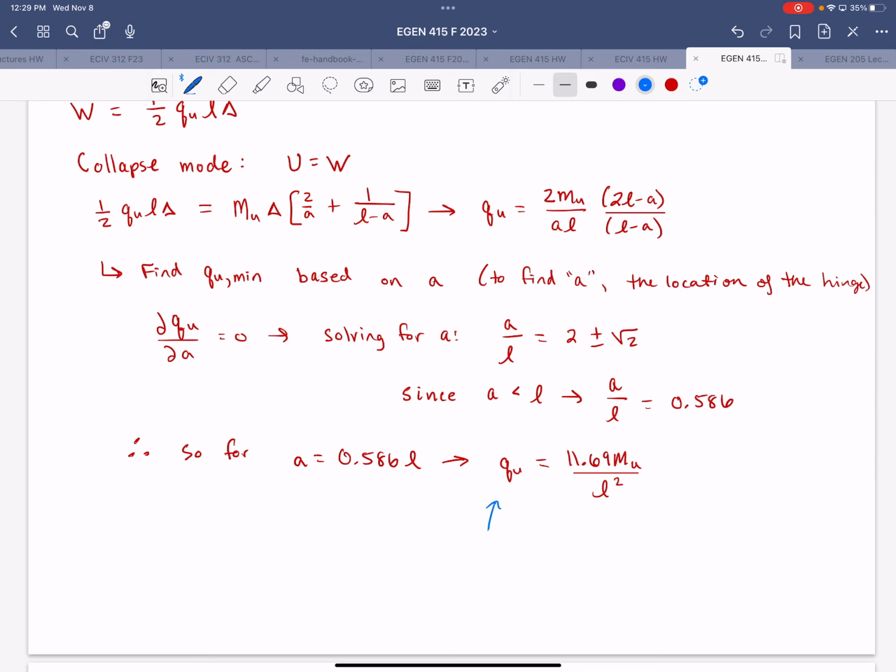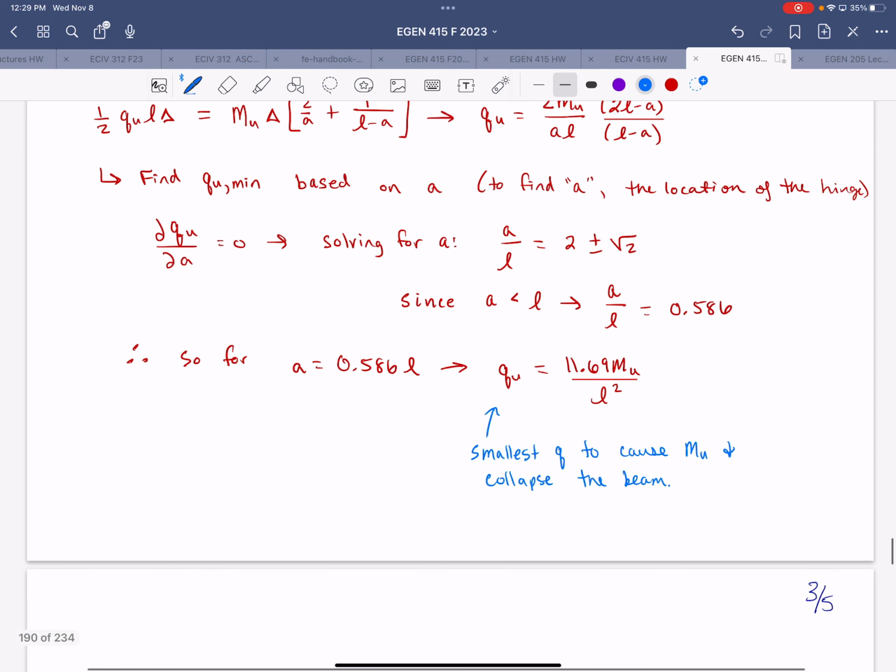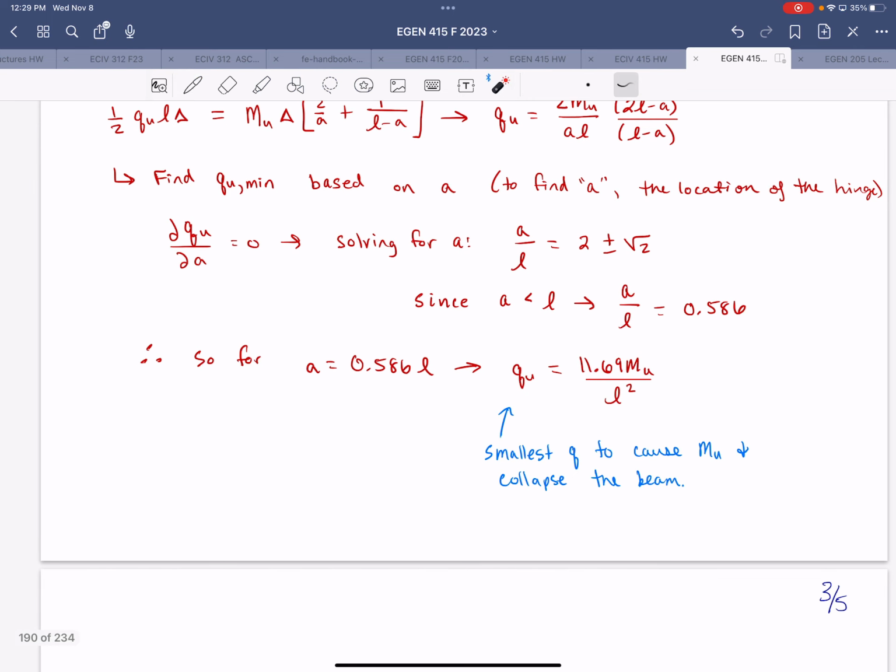So that's the smallest Q that would collapse the beam. Questions?